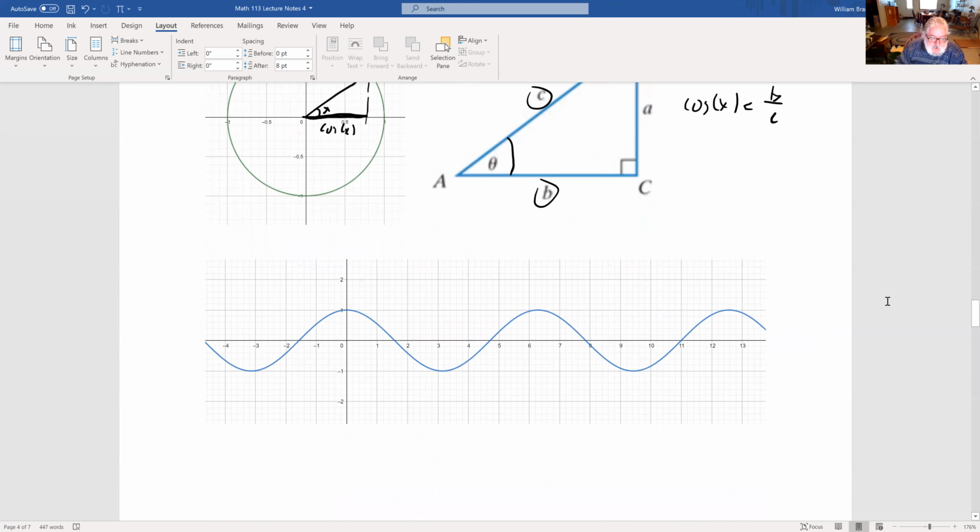And then again, if you pick a particular x value, you can find a y value from the graph. This is y equals cosine x. So three different ways to think about cosine.